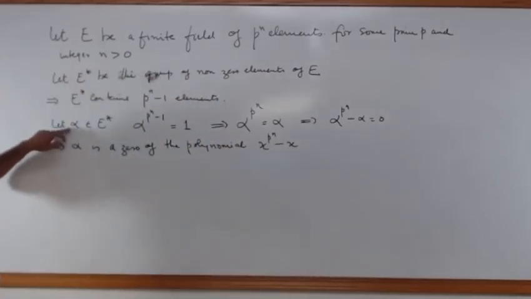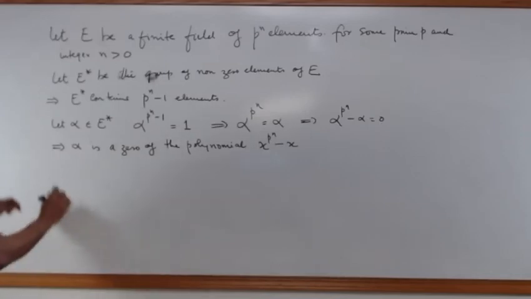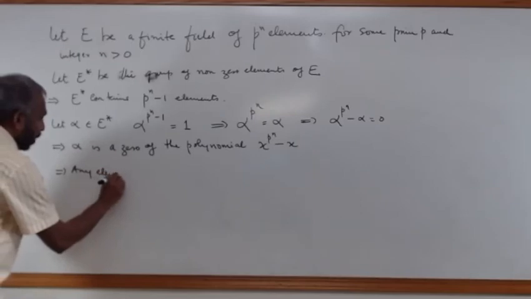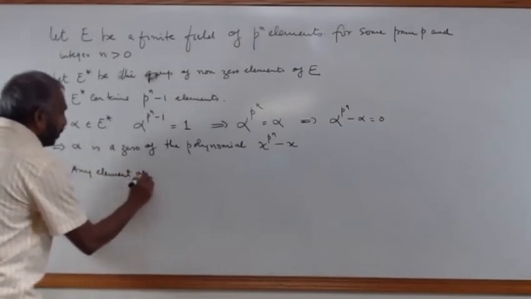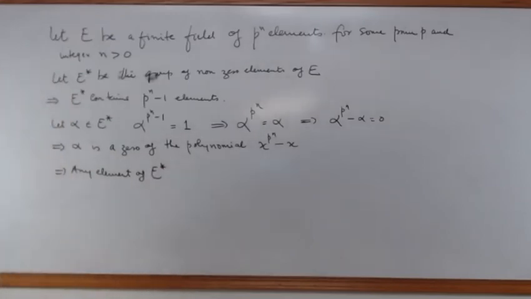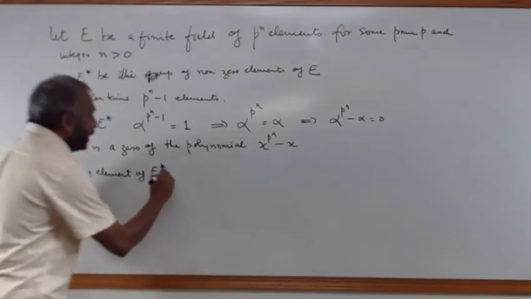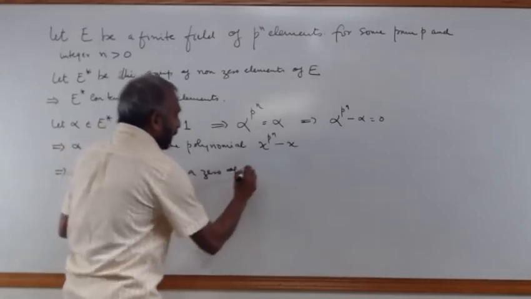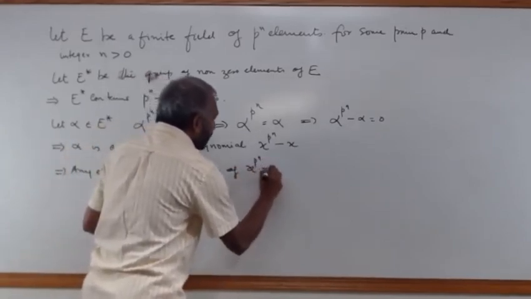And alpha is any element from here. That means any element of E star is a 0 of x to the power of p^n minus x.